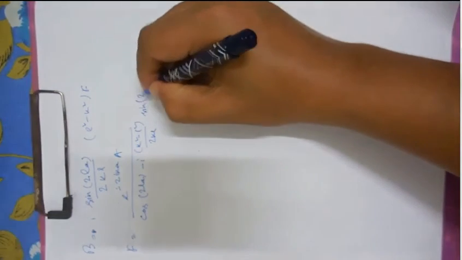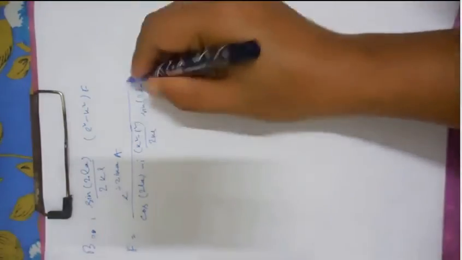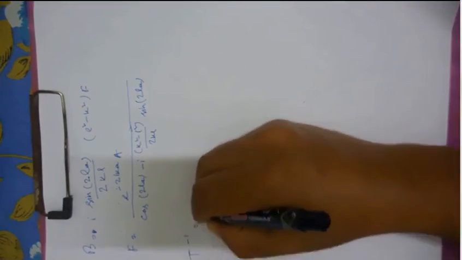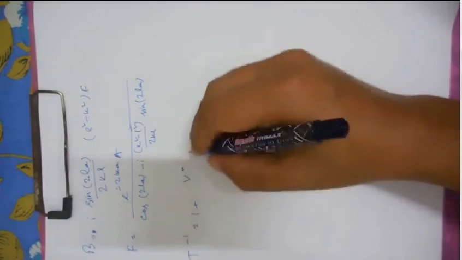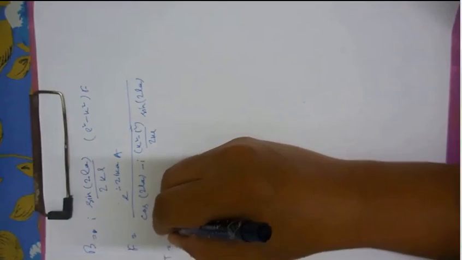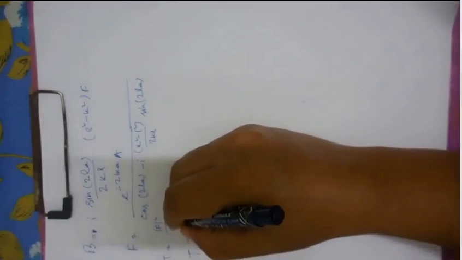Sin 2la. So here you can see from this term you can easily find the transmission coefficient. So T is defined as f square by a square.